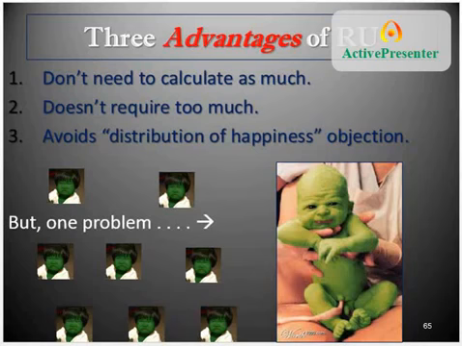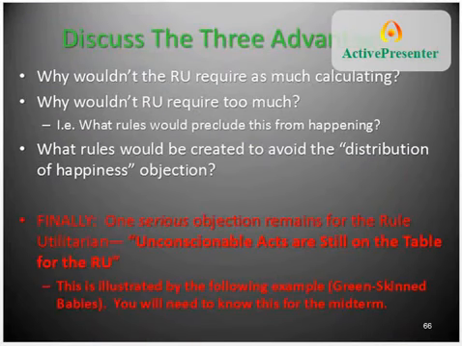Also, it avoids the distribution of happiness objection for some of the same reasons. Spreading out pain, we can make general rules to spread out pain and that type of thing. It's not so narrowly minded and focused on this one incident. Rule utilitarians are thinking about society and the world and what moral rules will maximize pleasure and minimize pain.